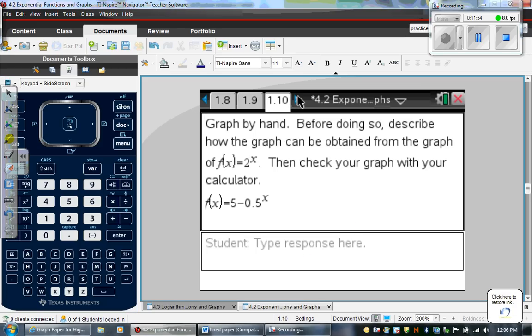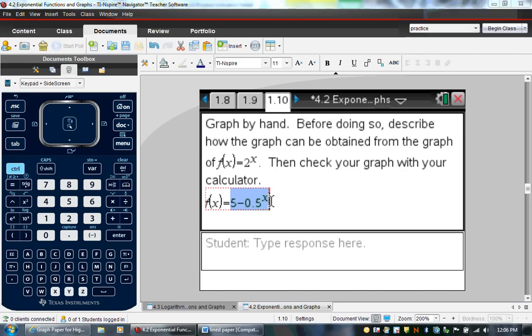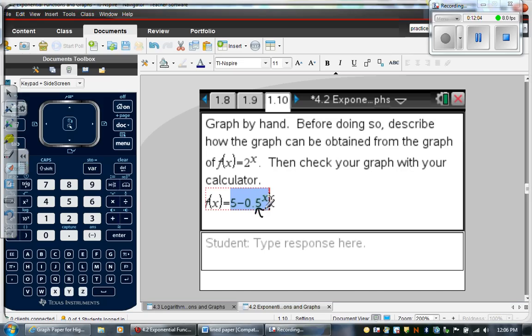Okay, so we've got 2 to the x as my parent function. And I've got 5 minus 0.5 raised to the x. So if you notice, I'm having a couple things change here. My base has changed. And I'm doing something to the entire function. So I believe there's going to be a vertical translation. And then this is going to have some effects too. I've got a negative in front of my base.